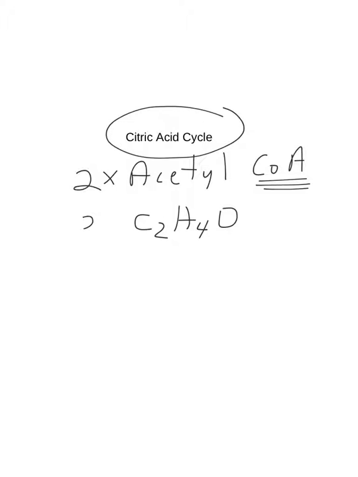And of course, there's 2 of those, so everything's multiplied by 2 here. Our goal in the rest of the citric acid cycle is to destroy this molecule completely. All of the hydrogens are going to be carried away and used later.